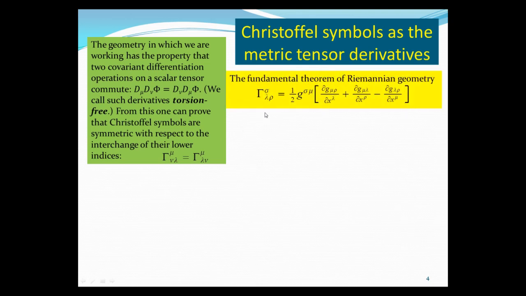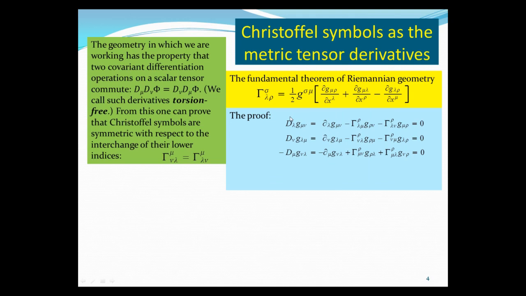Then what we want to prove is that the Christoffel symbol is the first derivative of the metric, as we have given in chapter 5. In fact, this is called the fundamental theorem of Riemannian geometry. The proof goes like this.